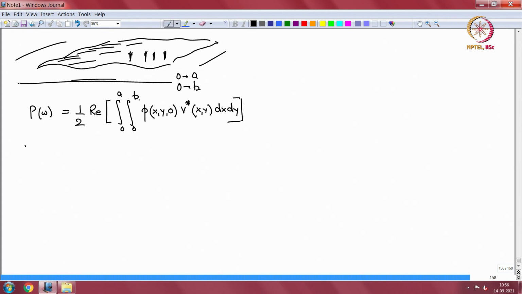Now the velocity of the panel V of x comma y spatially is 1/4 pi square integral minus infinity to infinity, integral minus infinity to infinity, V of kx ky e to the power plus I kx x plus I ky y, dkx dky.